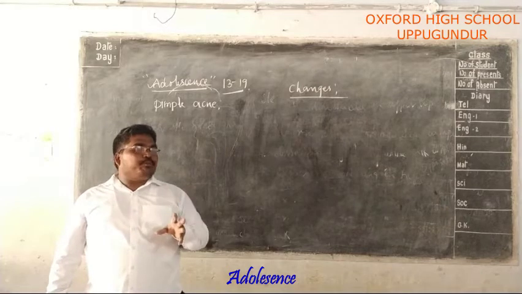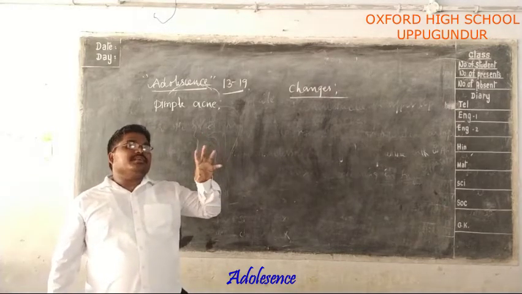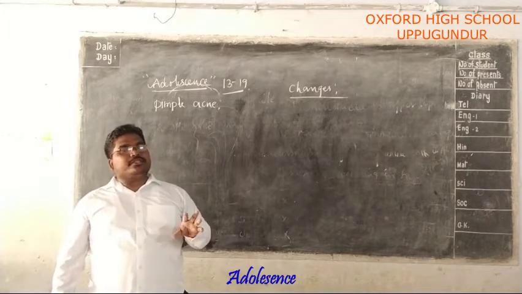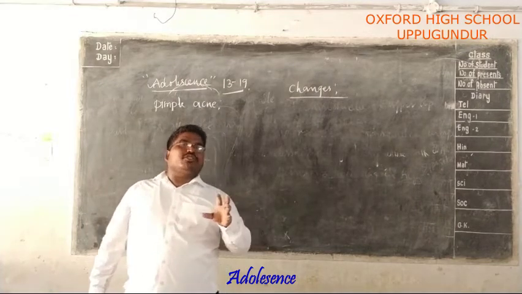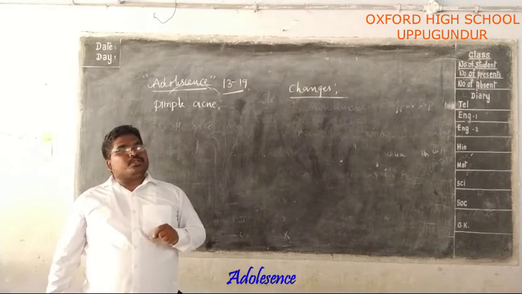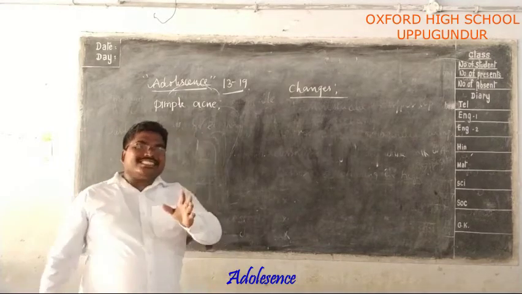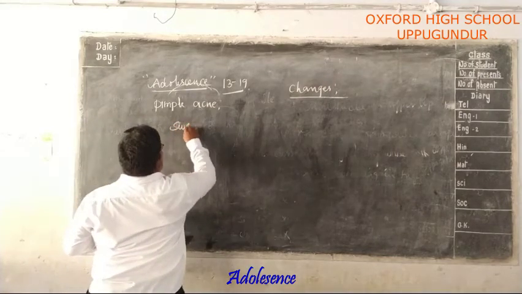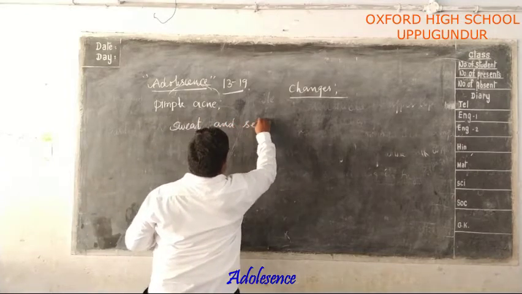Sometimes the pimples that form on the face disturb them and form acne. Sometimes the pimples lead to infection. So what is the reason behind the formation of pimples and acne? The glands present in the skin, that is, sweat and sebaceous glands.